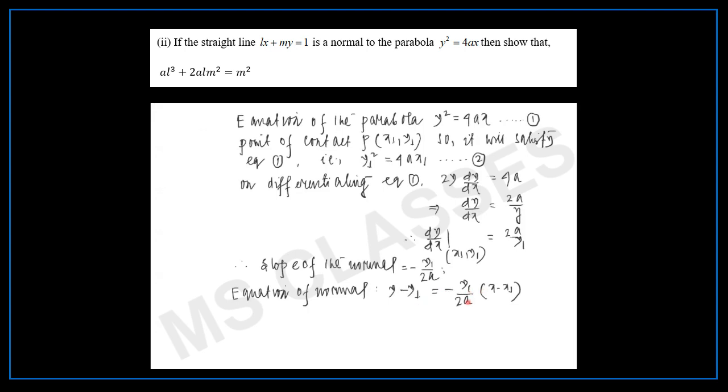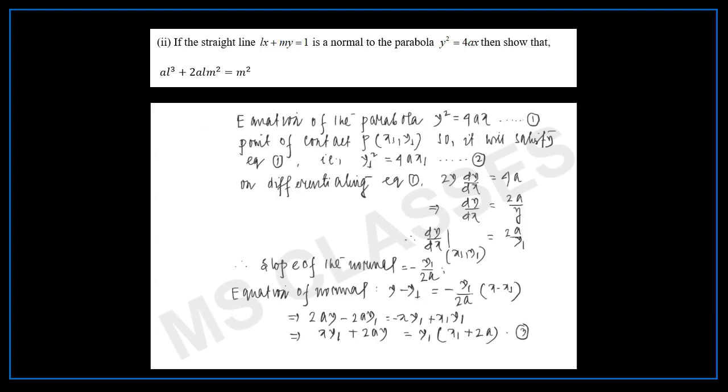Now if we simplify, this gives us 2ay minus 2ay1 equal to minus xy1 plus x1y1, which on further simplification gives us xy1 plus 2ay equal to y1 common, x1 plus 2a. This is the equation of the normal which we have got. We can mark this as equation 3.